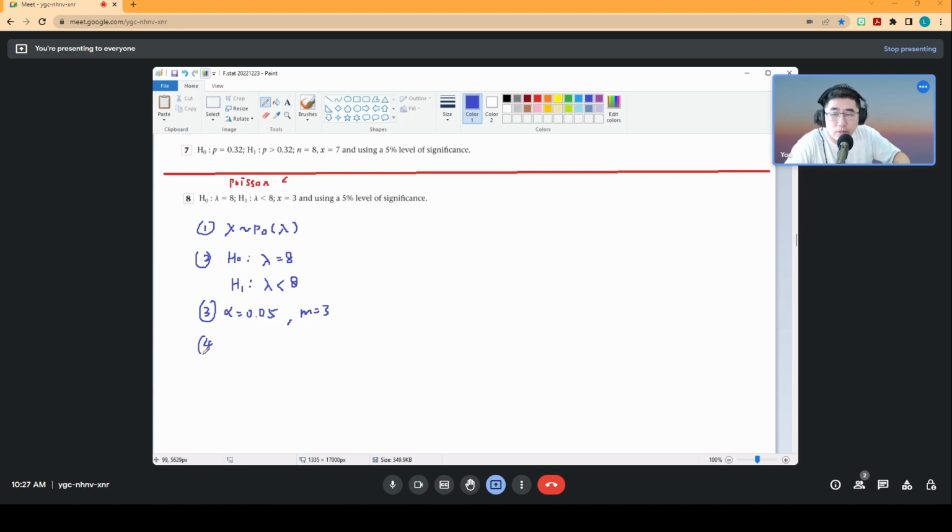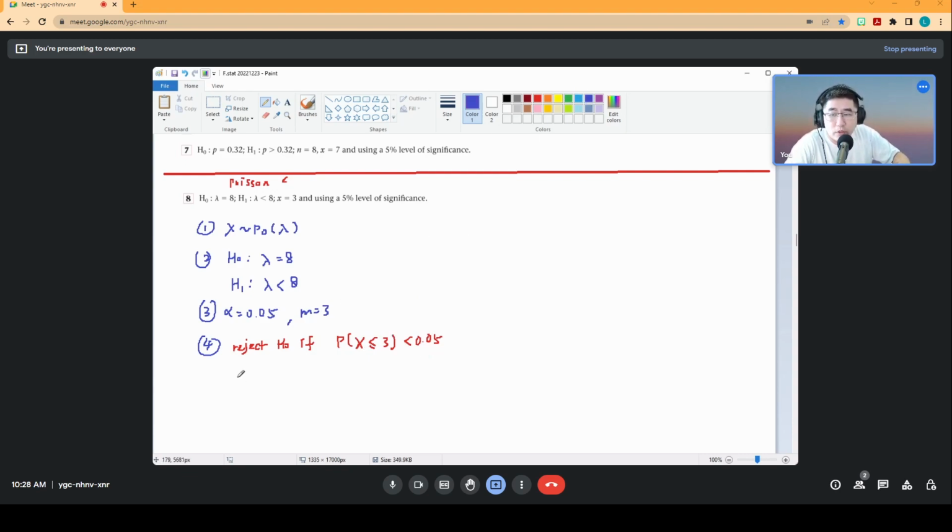Then number four, we write out the reject condition first. Reject H0 if P of x lesser than equals to 3 is lesser than 0.05. So the evidence is here and the alpha is over here. So that's your reject condition.